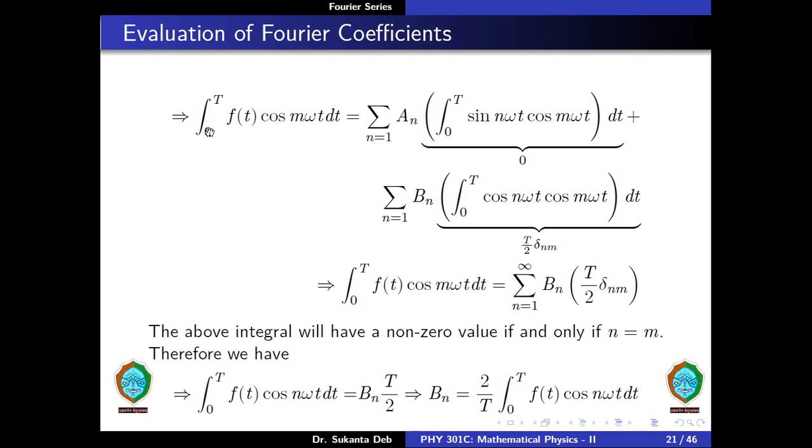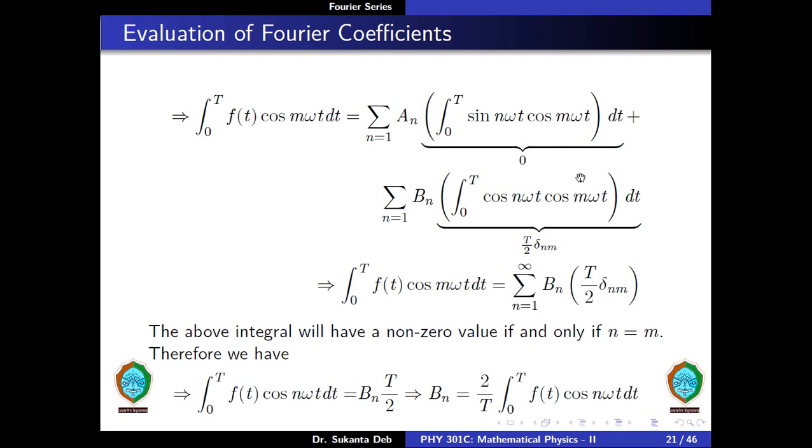So this is the integral from 0 to capital T of f of t cos of m omega t dt equals the summation over n equals 1 to infinity of an times the integral from 0 to capital T of sine of n omega t cos of m omega t dt, plus the summation over n equals 1 to infinity of bn times the integral from 0 to capital T of cos of n omega t cos of m omega t dt.